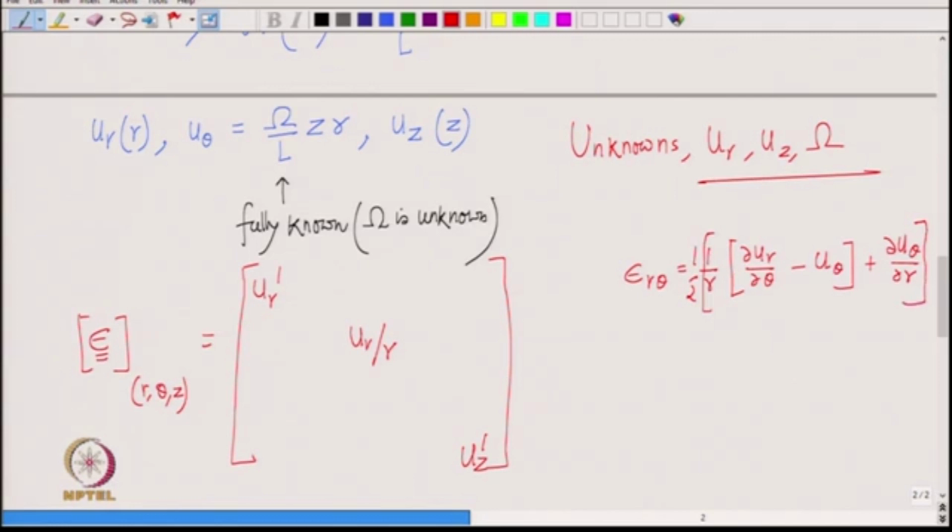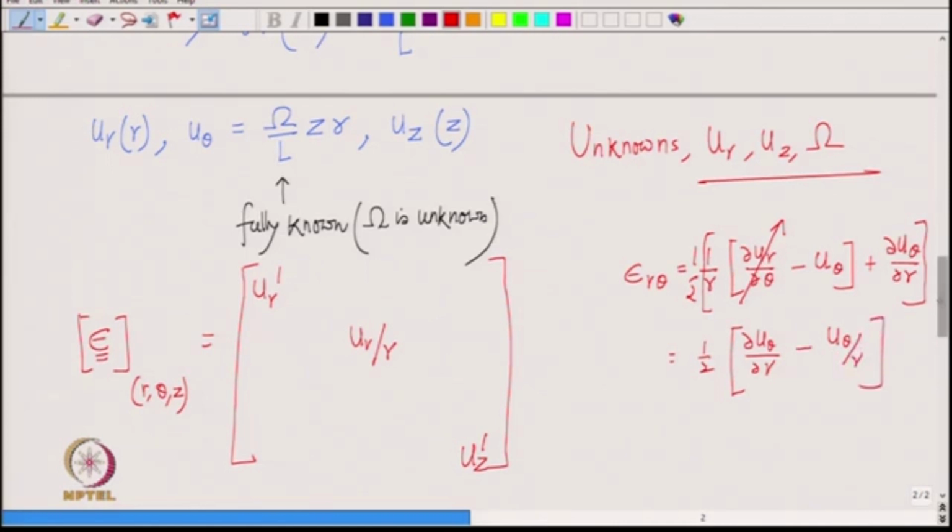Now, del u r over del theta is 0, because u r does not depend on theta. So, this becomes half of del u theta over del r minus u theta over r.